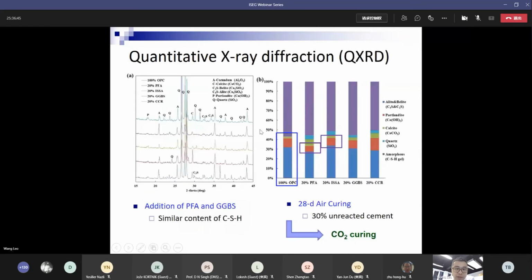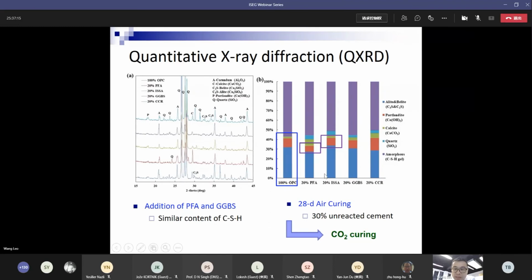We use QXRD to quantify the compounds in the final product. After 28 days of air curing, we can find that there is a similar content of CSH gel in the PFA and the GGBS added materials. So these materials show comparable compressive strength to the OPC samples.